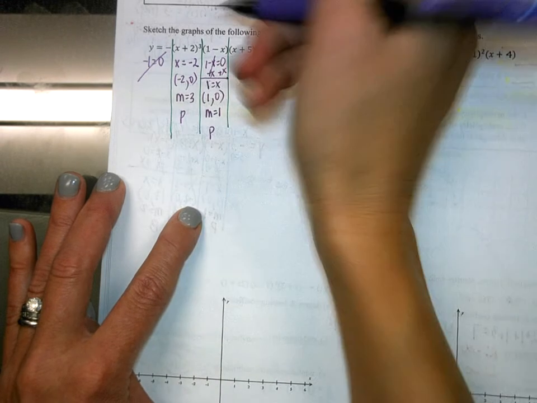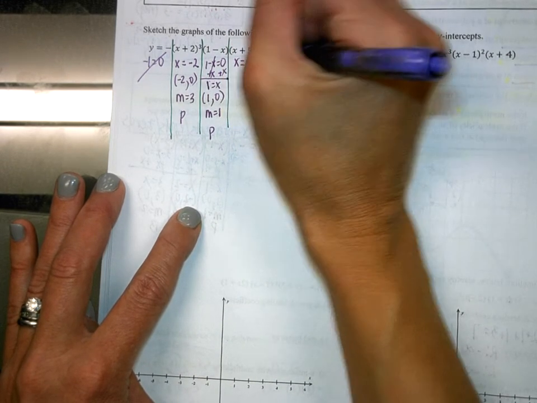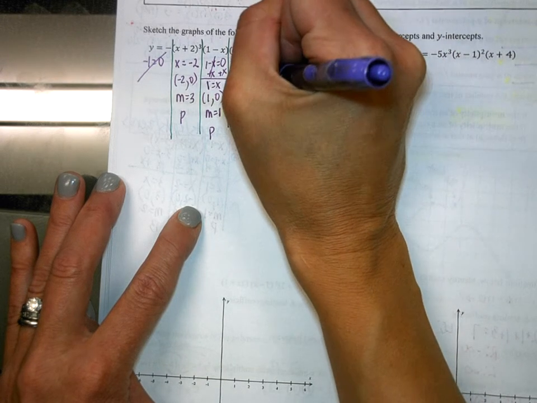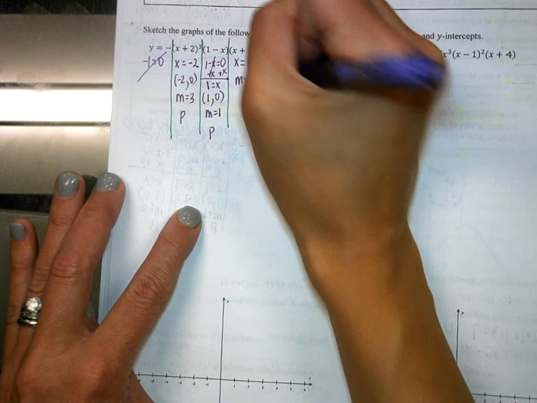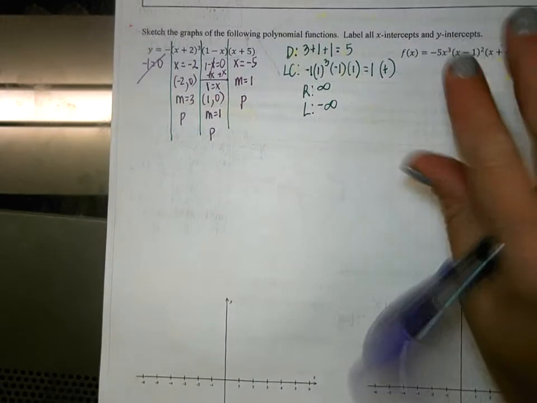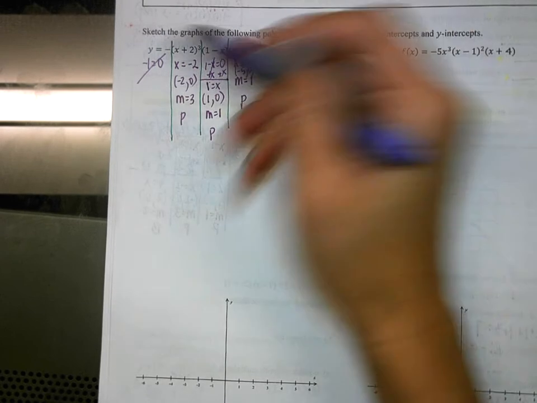x plus 5 equals 0 will give me x equals negative 5. That has a multiplicity of 1, which means it passes through. Oh, I forgot to write this ordered pair. That was negative 5, 0. So let's go ahead and mark all these on the graph.